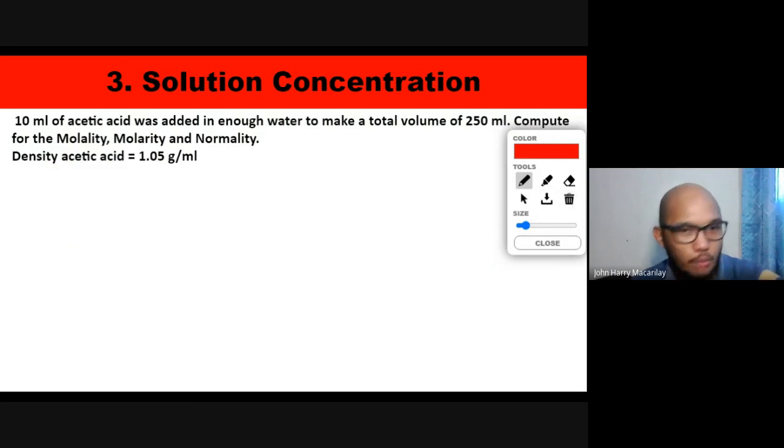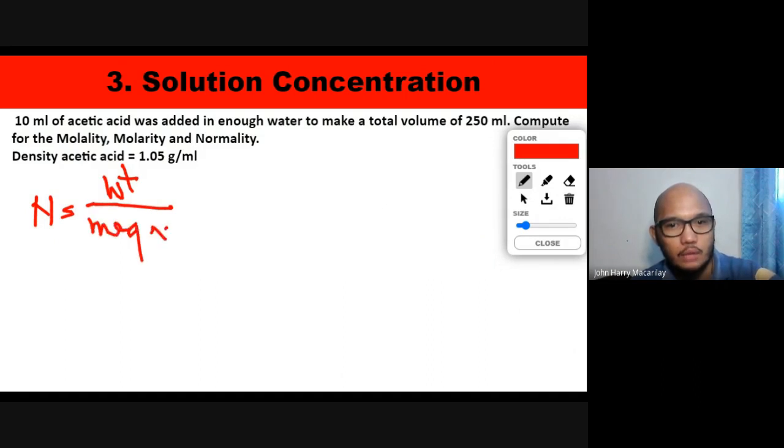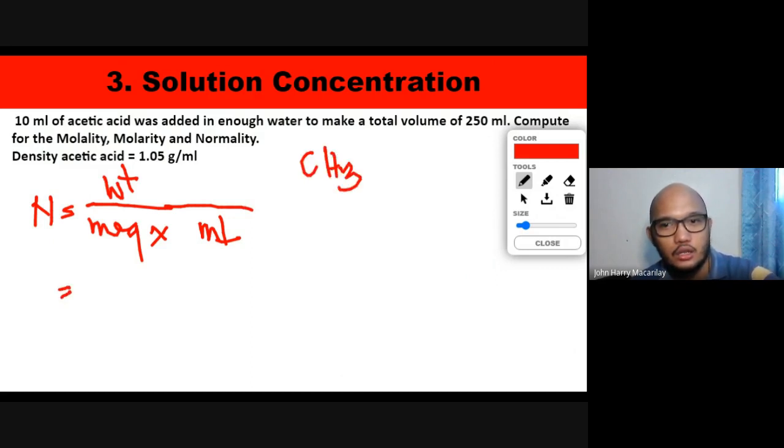Next would be your normality. So for normality, it is your weight over MEQ times ml. The factor is 1, since CH3COOH will donate one hydrogen only, right? So that's why the factor is 1.